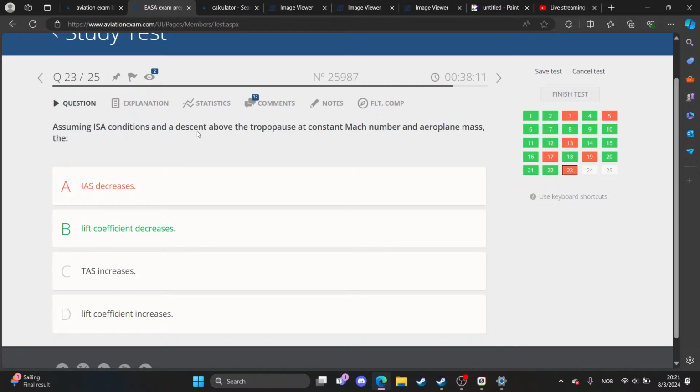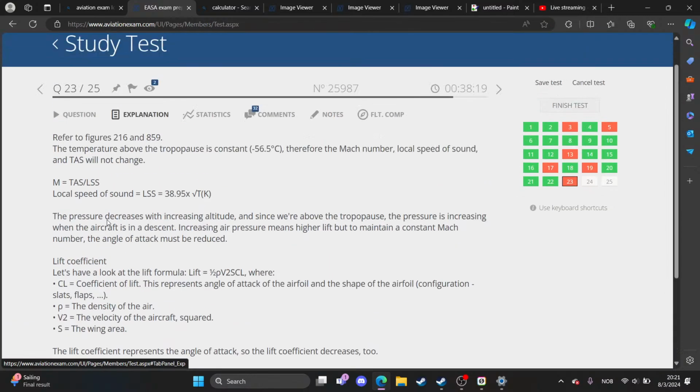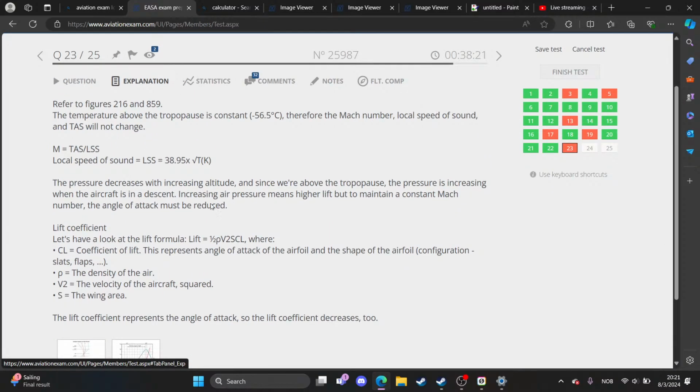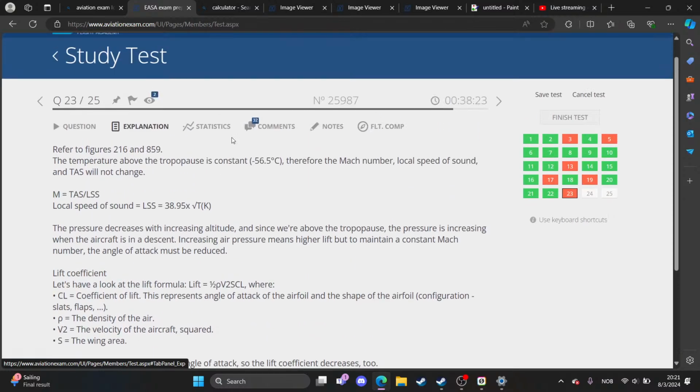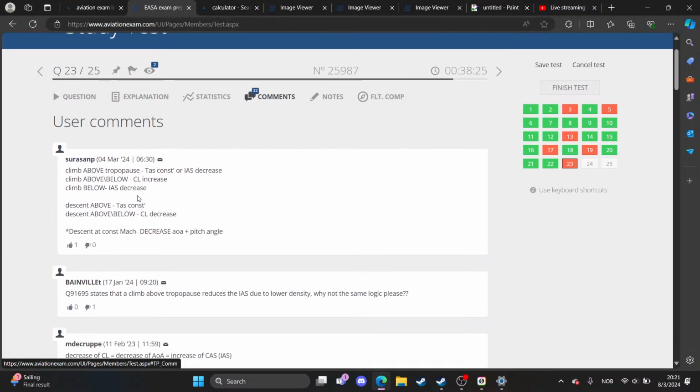Oh wait, you're descending, right? So indicated airspeed increases, right? Because there's more density. Is that what's happening here? Let's see what the comments say.